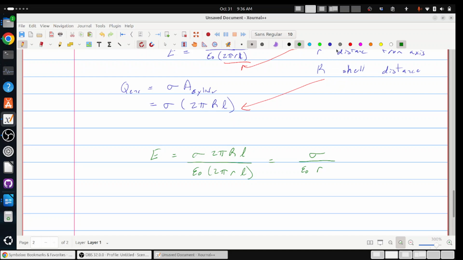And I'll just mention here again, if we think about limiting cases, I've made one mistake in here. The 2 pi cancels, the L cancels, but I'm left with big R and little r.